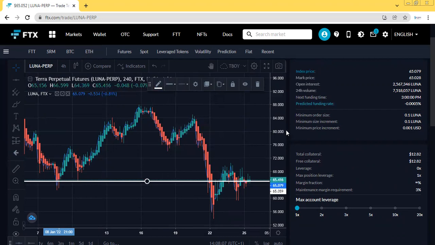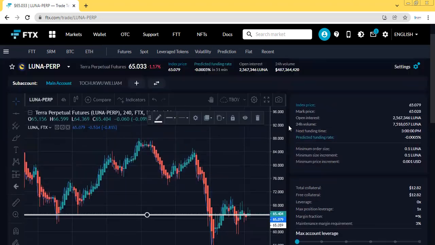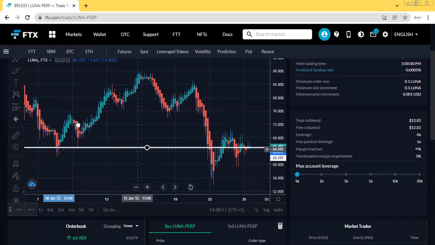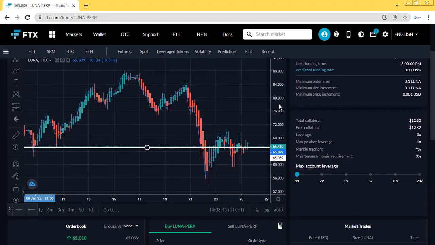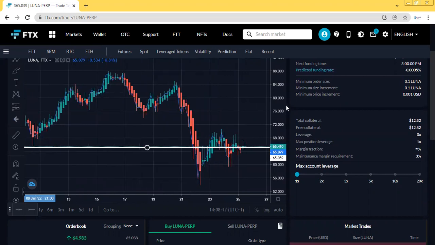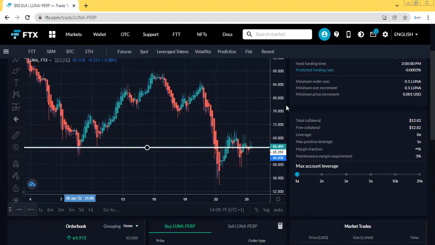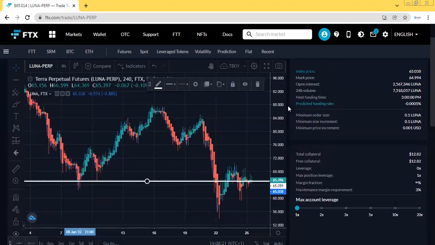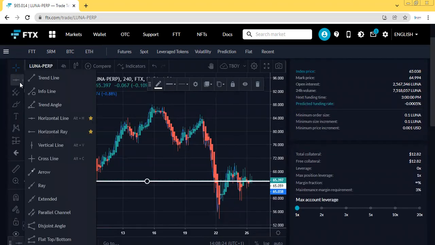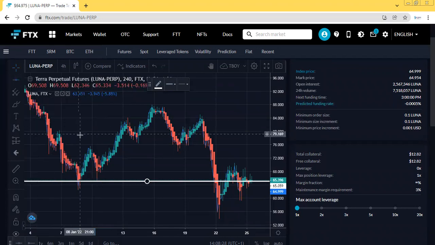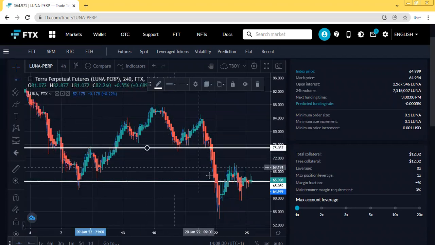Okay, let's use white, I prefer white. Assuming that the trade is moving like this, you want to place a limit order.